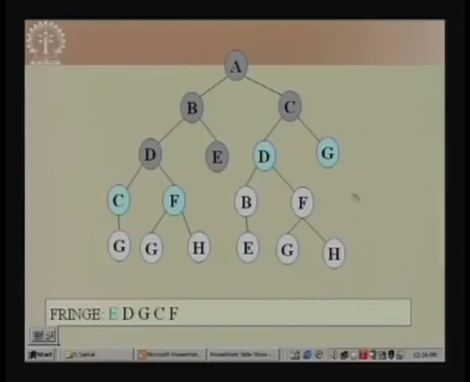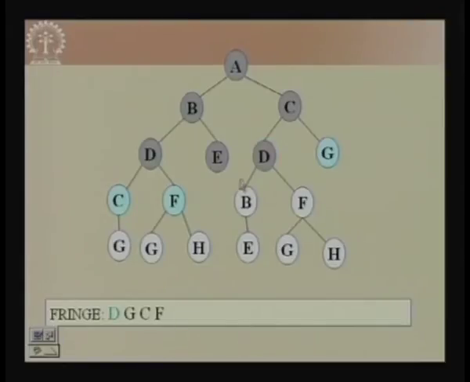Okay, so let us continue. E has been removed from fringe, and then D will be removed from fringe and its successors B and F will be added to the back of fringe, and then G is the next node to be expanded and G happens to be a goal node. So, in this case search will stop.